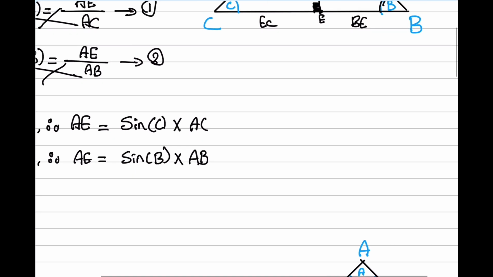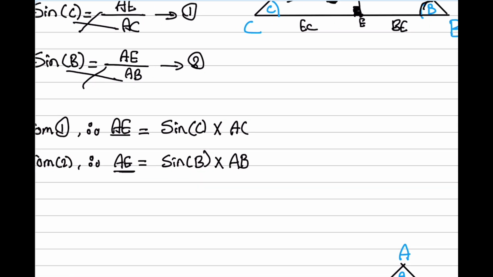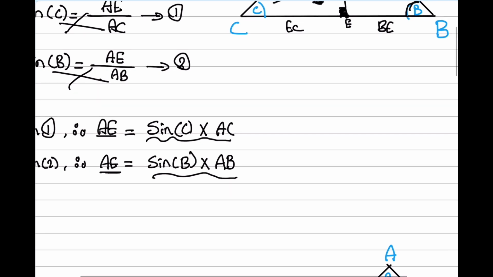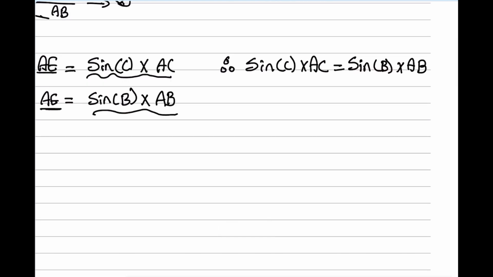Since AE is common between the two equations, sine C multiplied by AC is equal to sine B multiplied by AB.